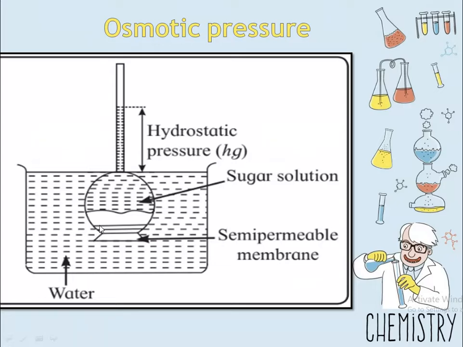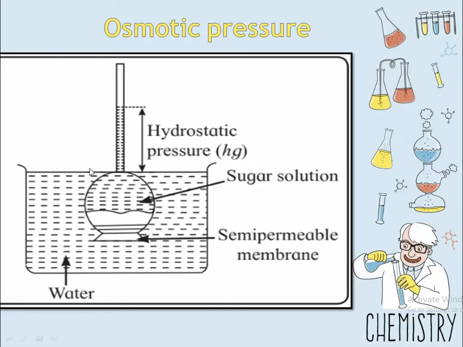An equilibrium is established where the rates of forward and reverse passage are equal, meaning the rate of solvent molecules going inside and, because of this hydrostatic pressure, the solvent molecules coming back in this container is the same, and the height of this liquid column remains the same.